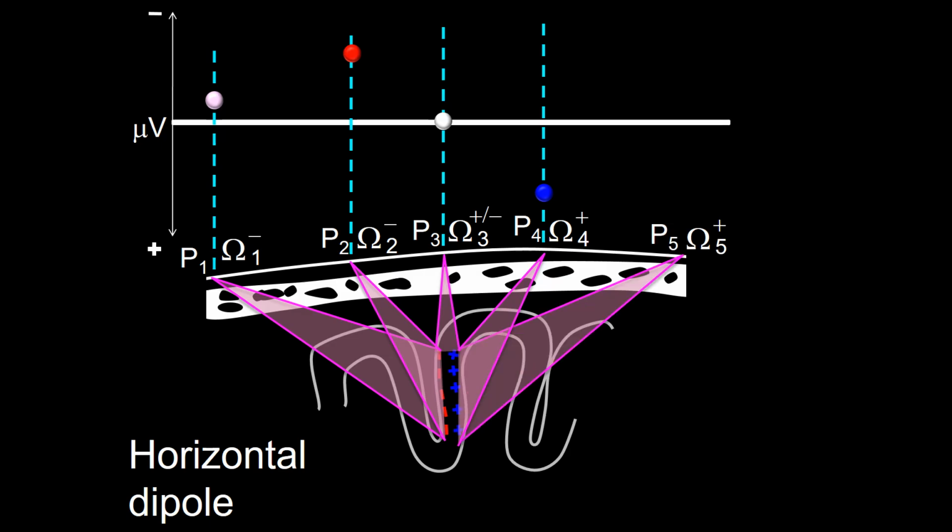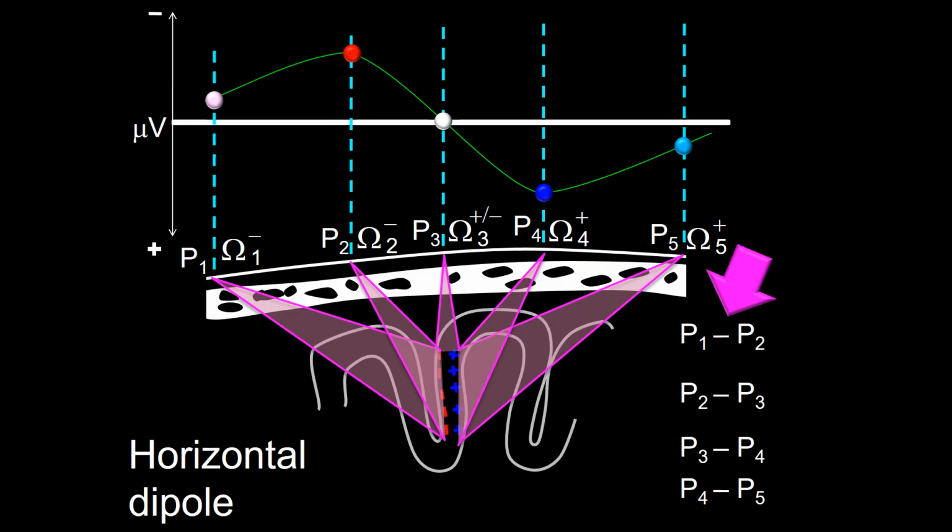Finally, at position P5, the solid angle will show a positivity, and despite that the angle is better than from position 4, since the distance is longer, the amplitude will be smaller. Joining the dots together, we will have that a change in direction has occurred. Change in direction in the voltage line is the hallmark of phase reversals.